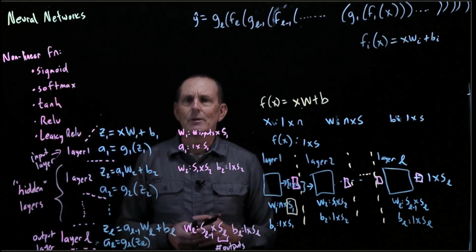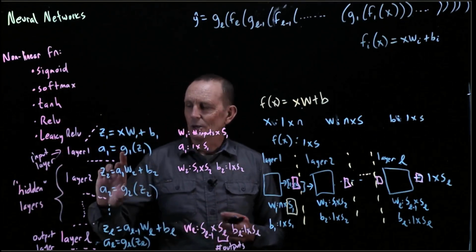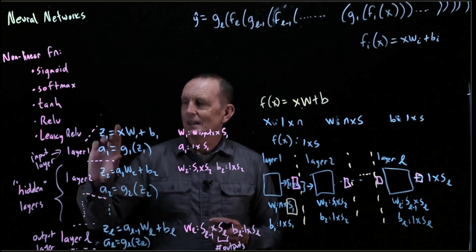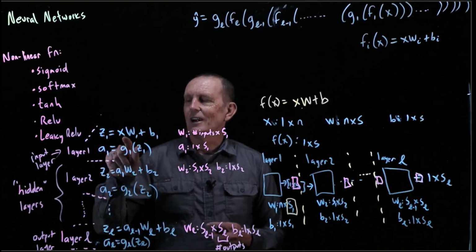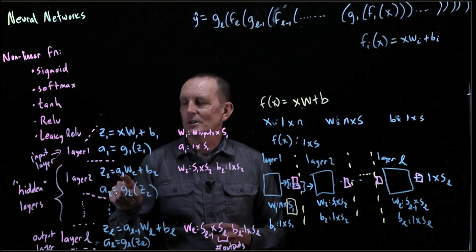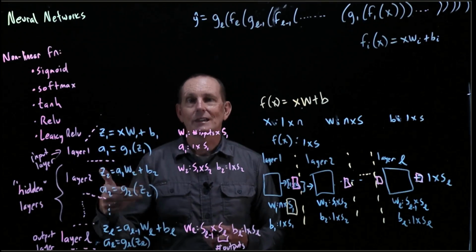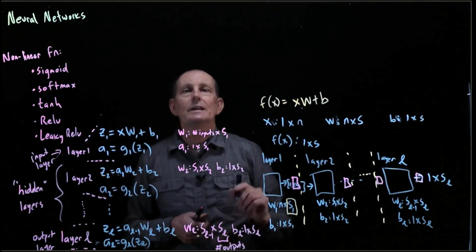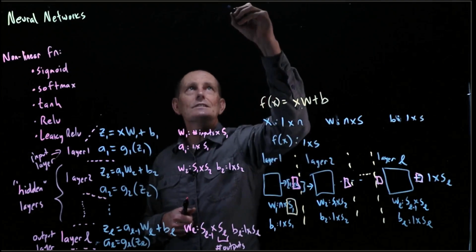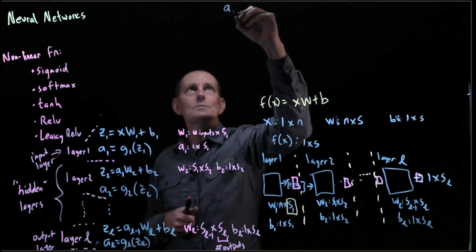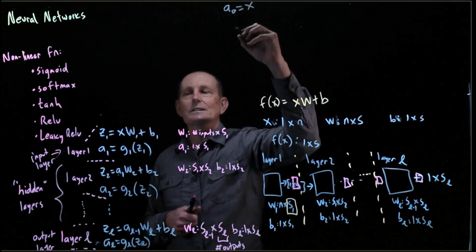Let's go ahead and rewrite this in a more general form. Every one of them looks the same, except the first one, because for the first one our input is x, and from there on we're using A sub whatever that layer is, minus 1. So let's define A sub 0 equals x.